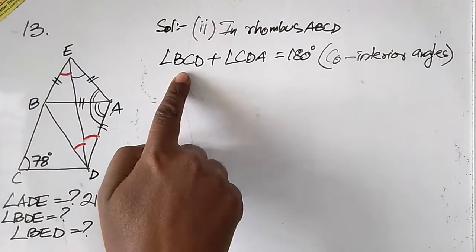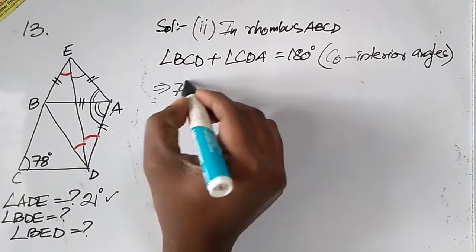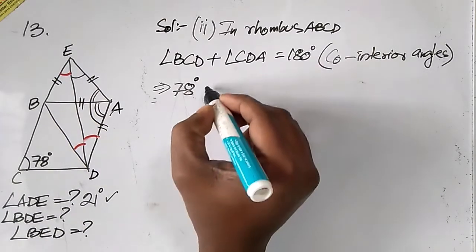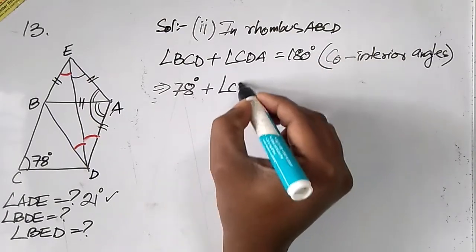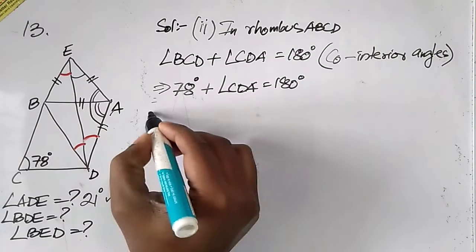Angle BCD, we already know it. It is 78 degrees. So we'll replace the value of BCD, that is 78 degrees. CDA, we do not know it, so we'll keep it as angle CDA, equal to 180 degrees. Now we are simplifying it.